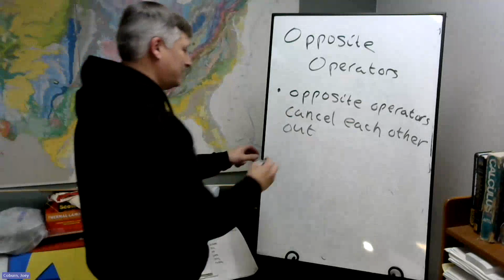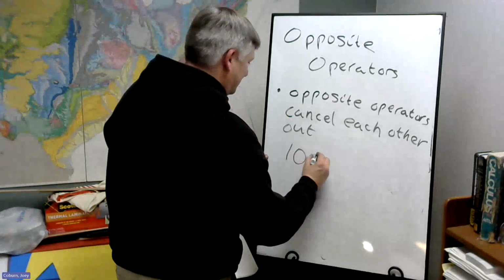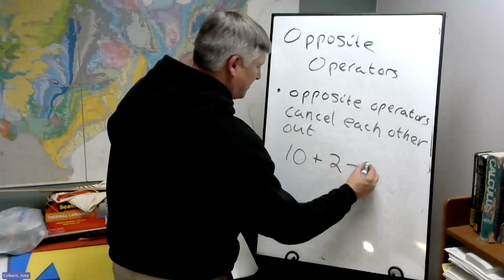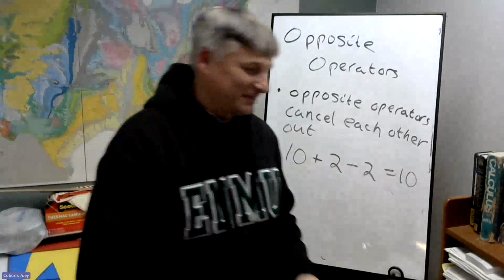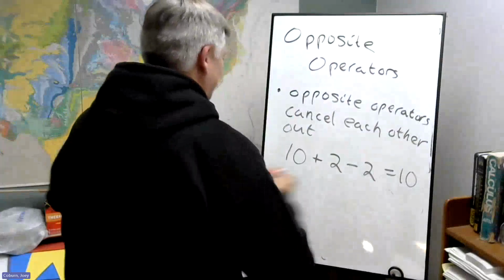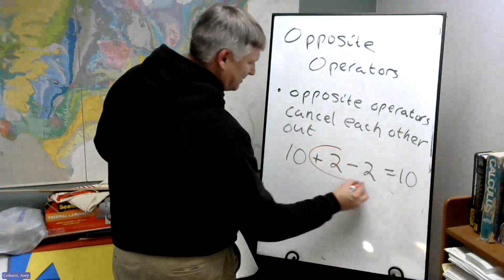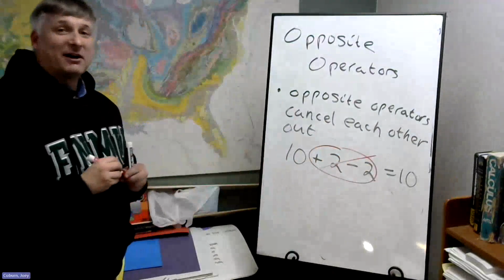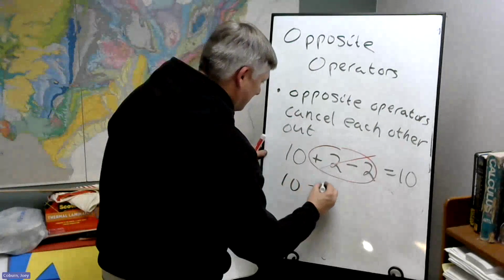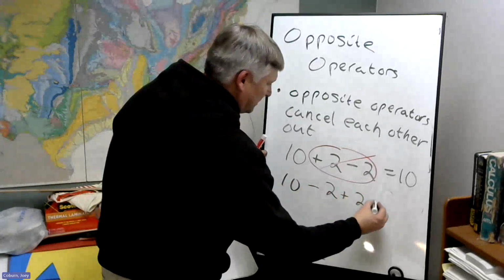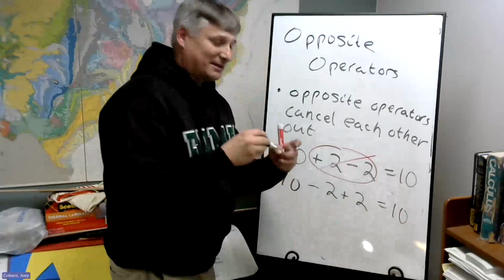So just to recap, 10 plus 2 minus 2 is still 10. These cancel out. 10 minus 2 plus 2, you get 10.